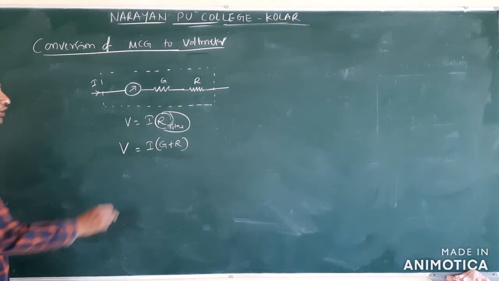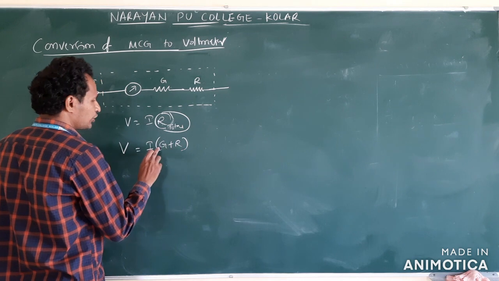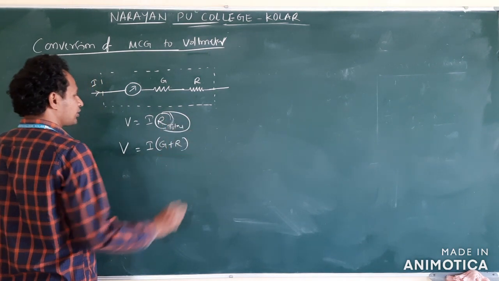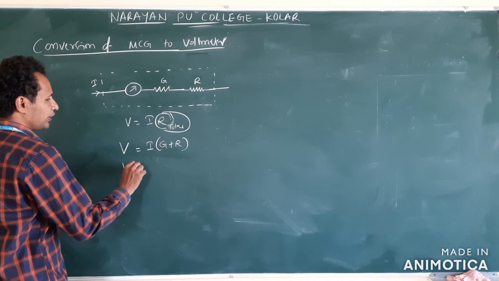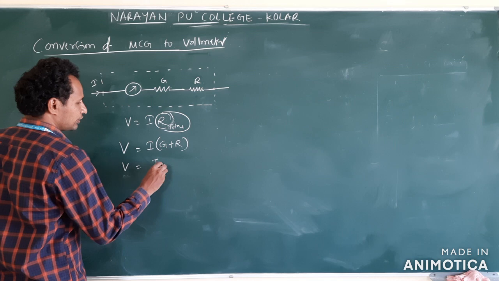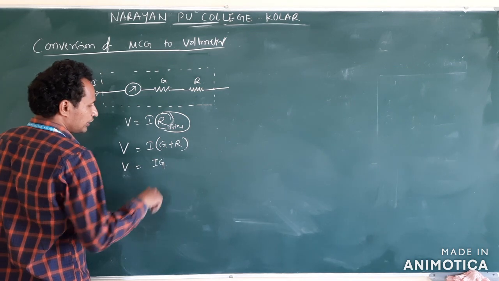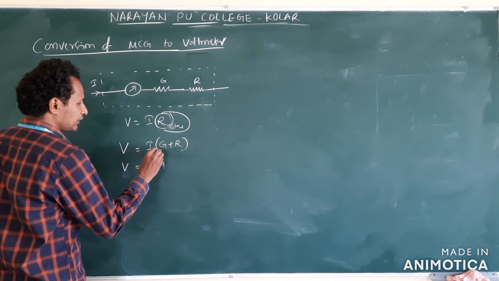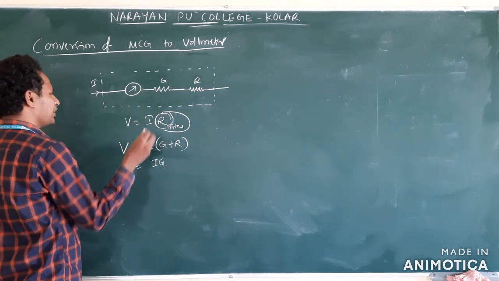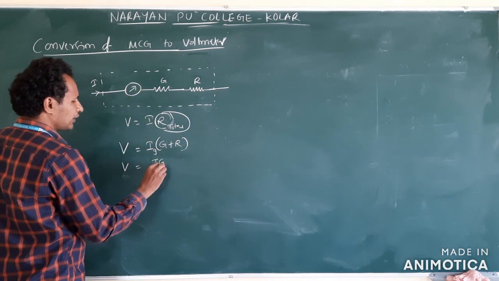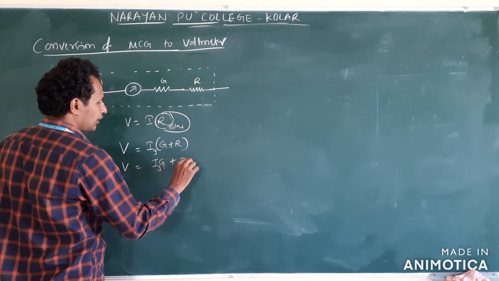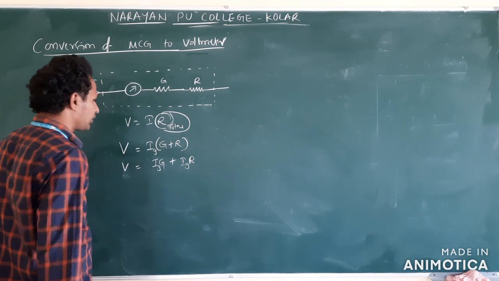So this is G plus R. We can write V is equal to I G plus I R. The current remains the same.